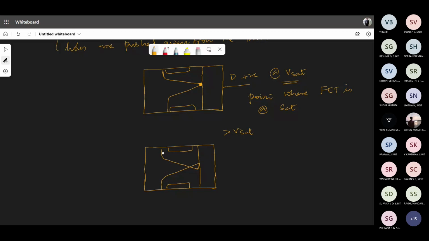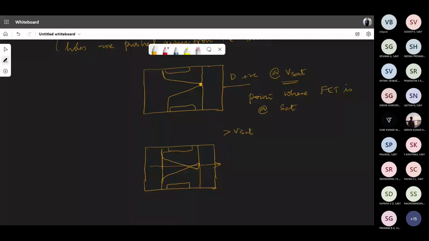And at one point you can see these two completely getting closed. What happens is the same current will continue to flow. There is no change in the current because it has already reached the saturation value. So the same current continues to flow because there is a larger potential. It makes all the holes, or all the electrons, to migrate from one side to the other side. And that is how the transistor is getting saturated.